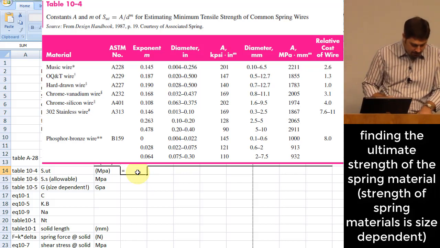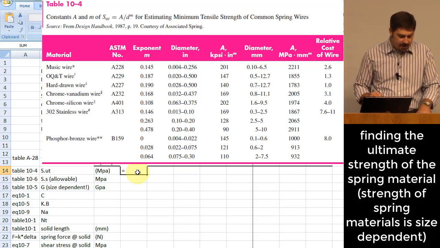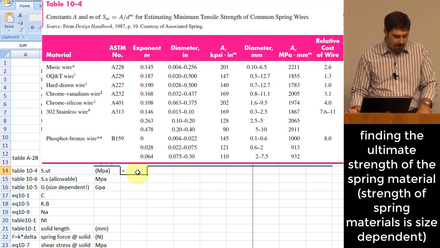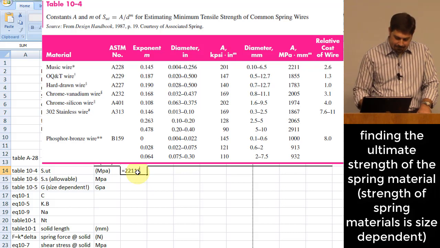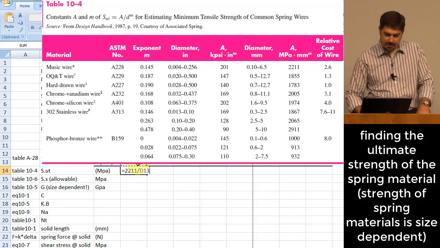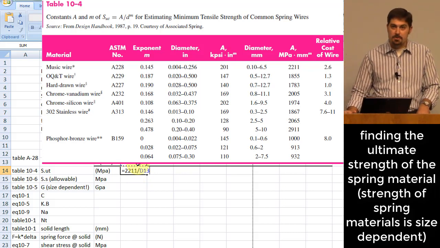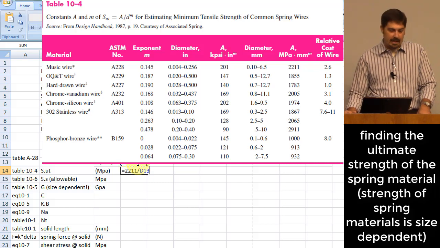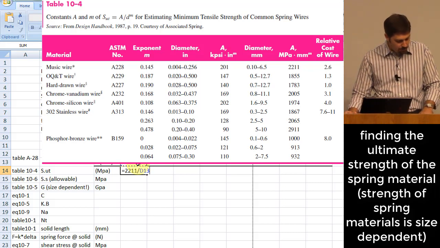So let's hop over to the one that's in SI, and this is going to yield a value in megapascals. This calculation ends up being 2211 divided by the diameter value, which will be in millimeters. Make sure if you're going to use this empirical equation with this data in the table, you use millimeters for that length unit. And then it says take that to the exponent of 0.145.